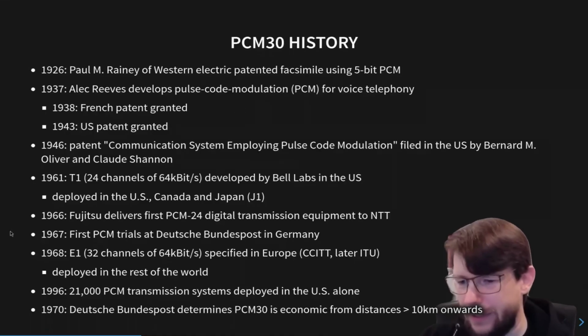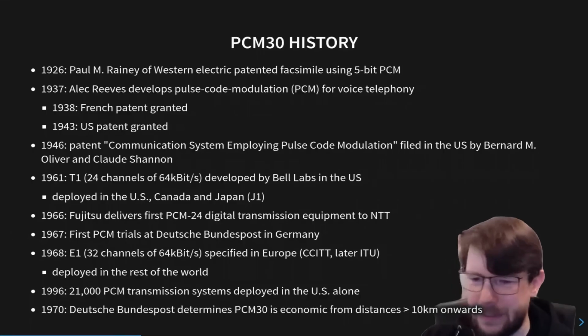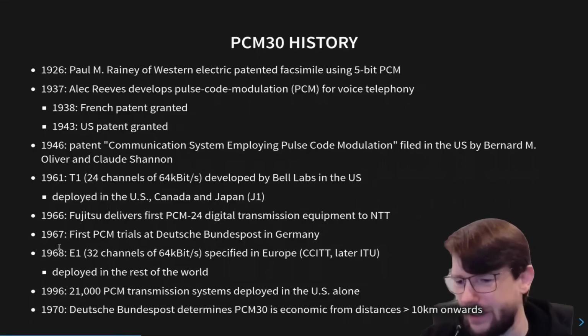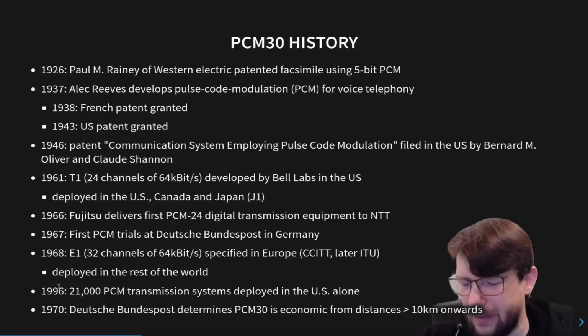And in Germany, we had the first trials in 1967, with different vendors, PCM30 equipment. 1968 is allegedly when the E1 32-channel system was specified at CCITT, which was deployed basically in the rest of the world, except the US, Canada, and Japan, where T1 is used.